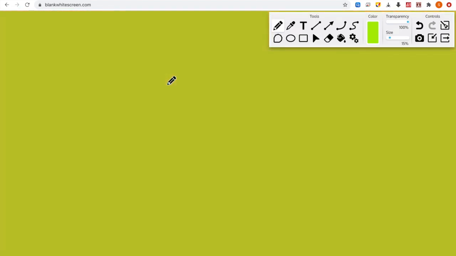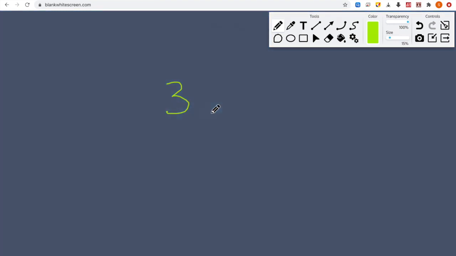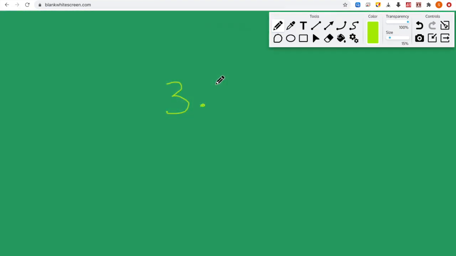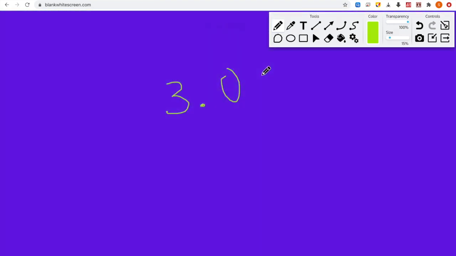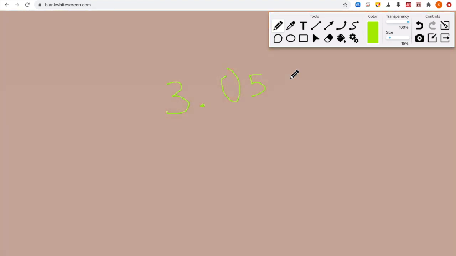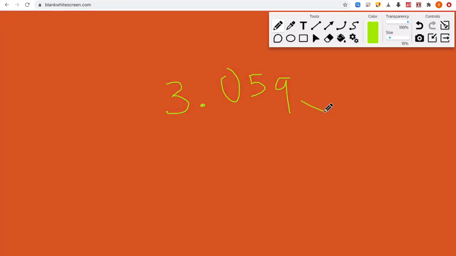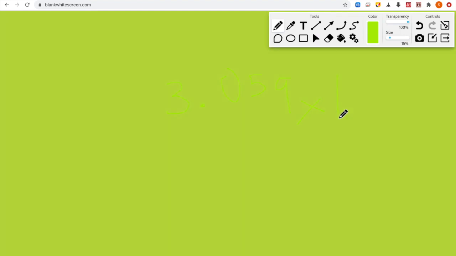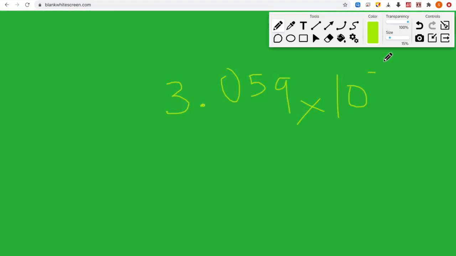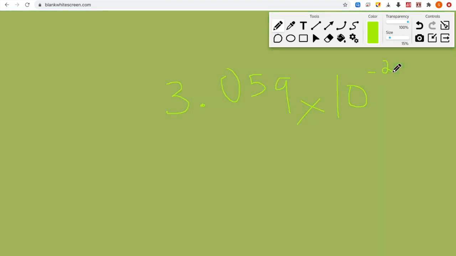So this example is going to be 3.059 times 10 to the negative 2.